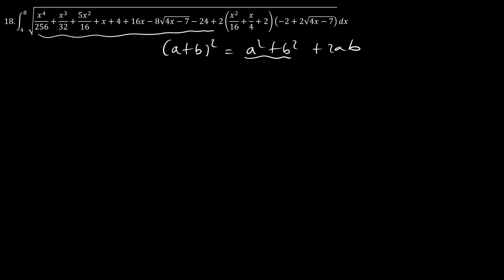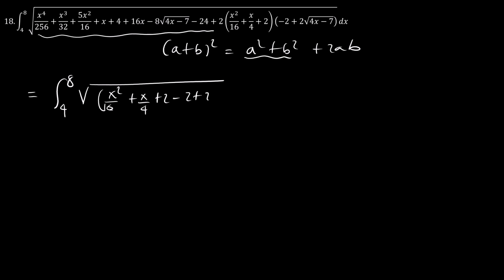So in other words, this is the same as the integral from x equals 4 to x equals 8 of the square root of x squared over 16 plus x over 4 plus 2 minus 2 plus 2 square root of 4x minus 7, all squared.